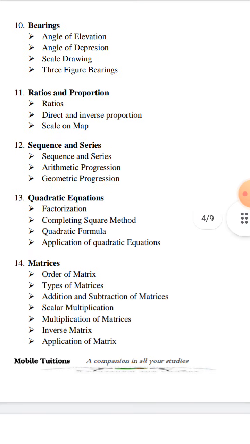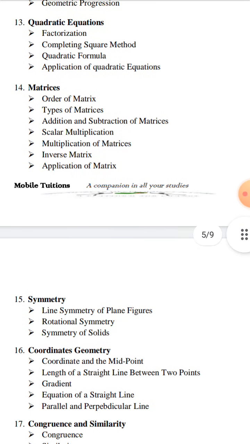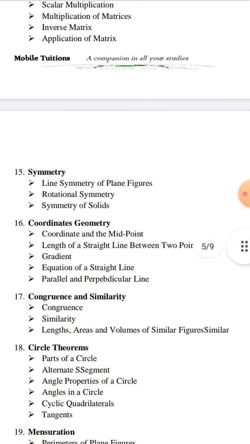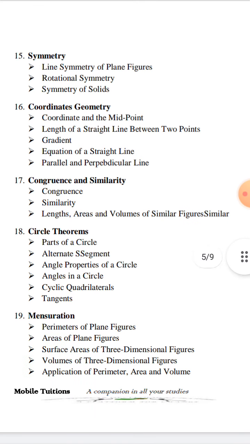Then we look at quadratic equations in topic 13, and topic 14 looks at matrices. Topic 15 looks at symmetry, 16 looks at coordinate geometry, and topic 17 looks at congruence and similarity. These are all important components of mathematics.